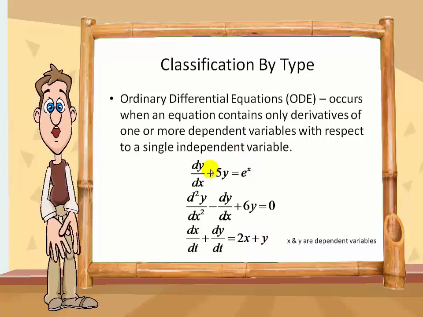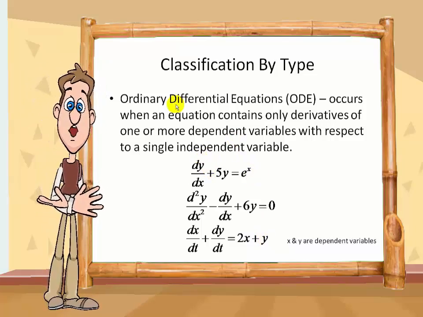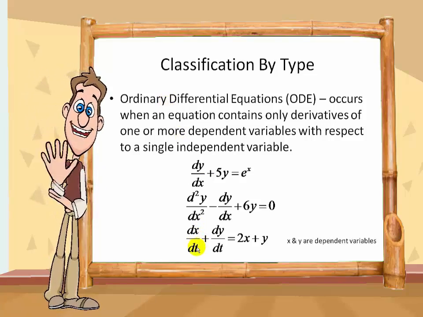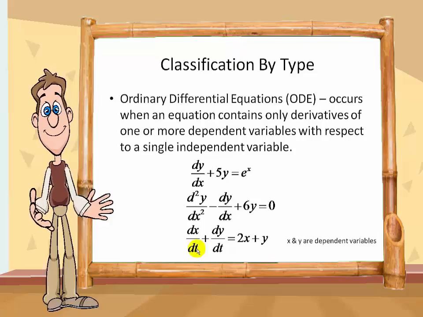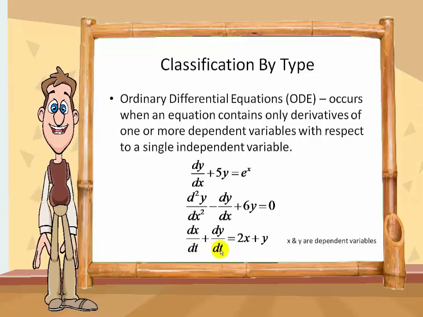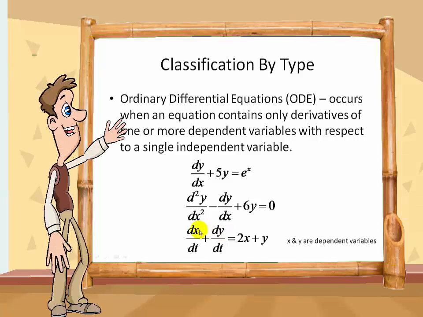Again, this is a differential equation that is ordinary because it's only with respect to a single independent variable, and that means t is that single independent variable, although we have more than one dependent variable. In this case we have two.